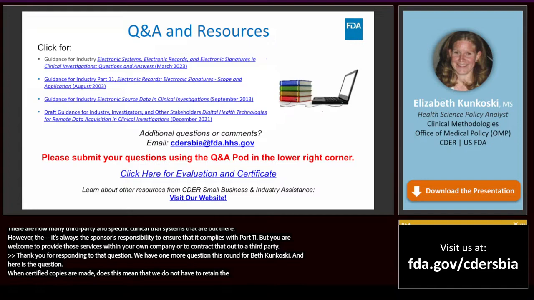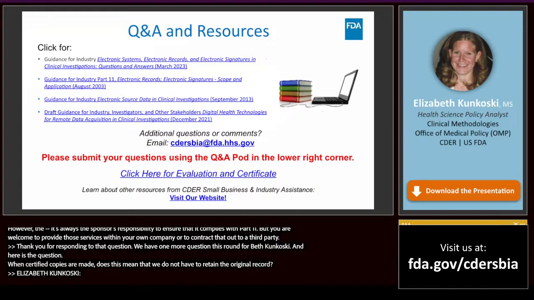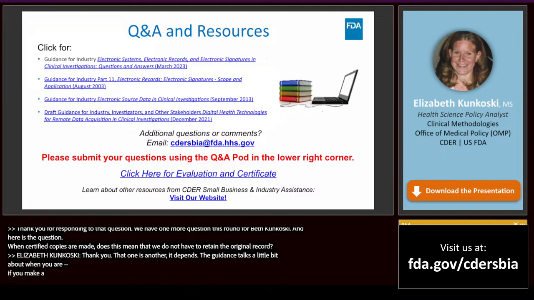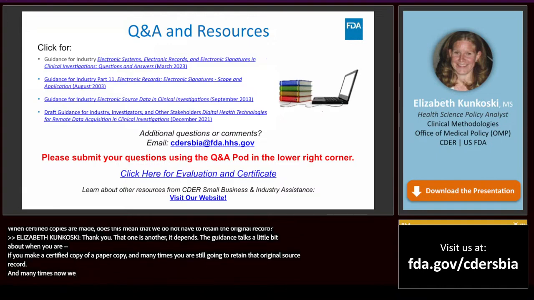Thank you. And that one is another, it depends. The guidance talks a little bit about when you make a certified copy of a paper copy, and many times you are still going to retain that original source record. Many times now we are moving from a paper record to an electronic record and therefore moving to a paperless system.